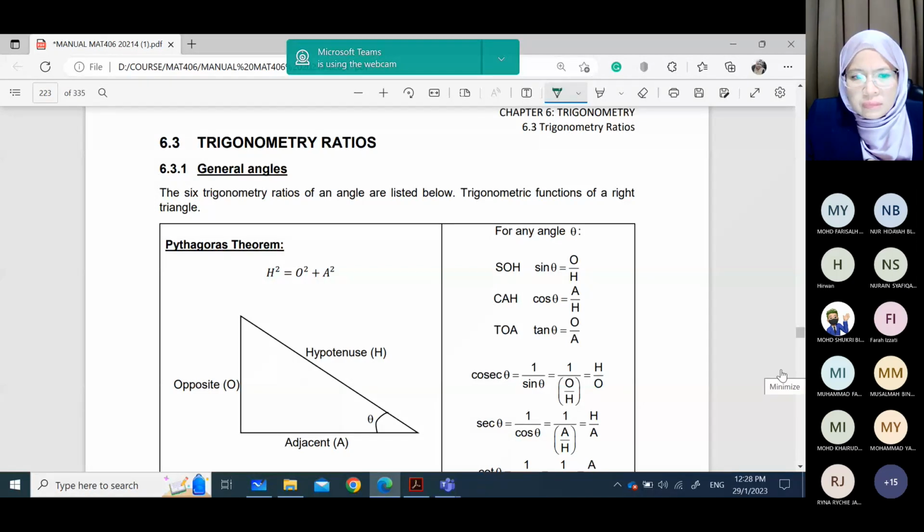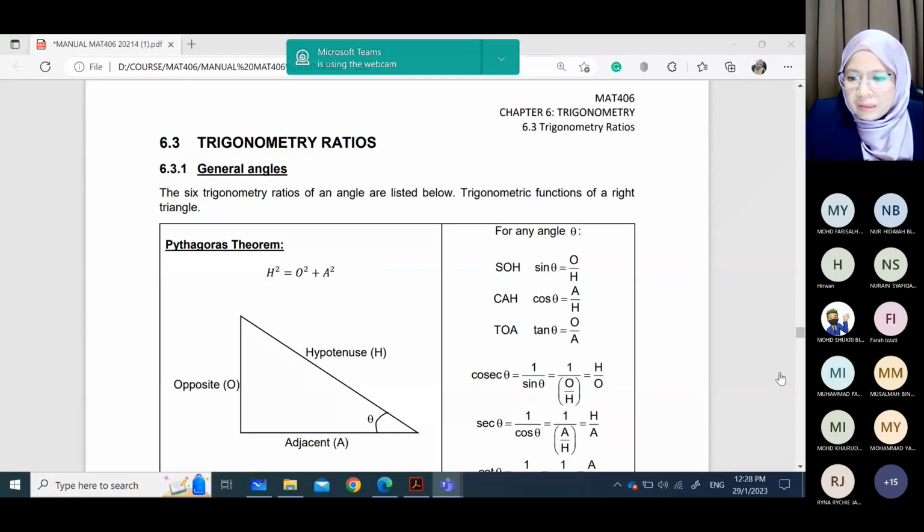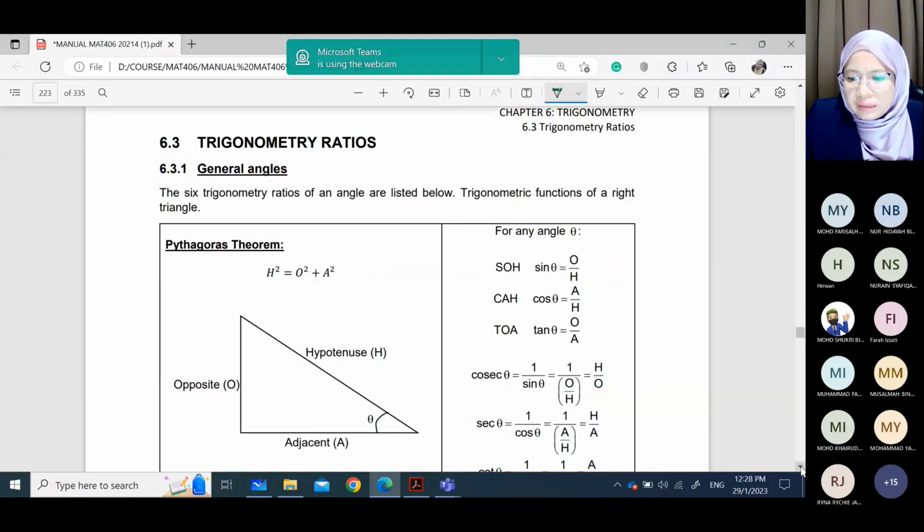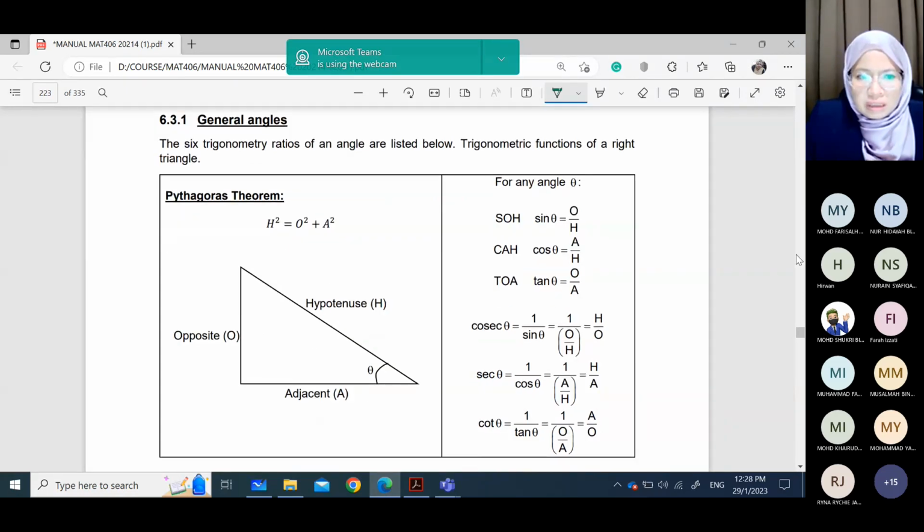Okay, so sekarang kita tengok trigonometry ratios. Nampak skrin ni? Okay, so tadi kita dah kenal first quadrant, second, third and fourth. Okay, so 6 trigonometric ratios of an angle are listed below.